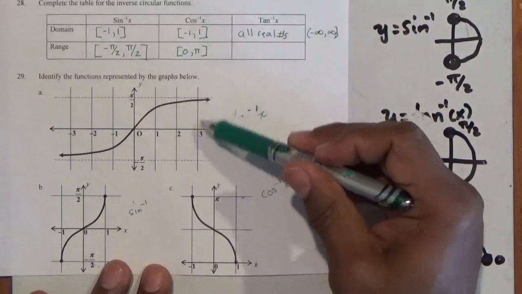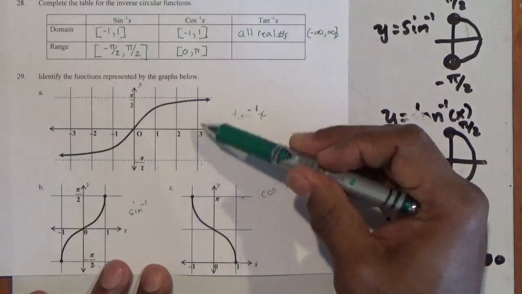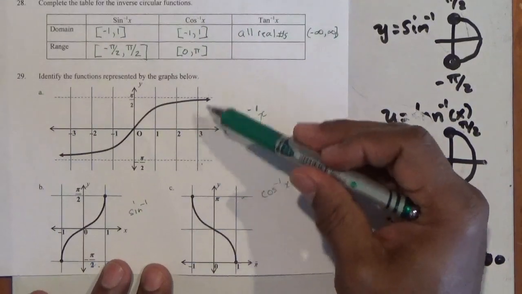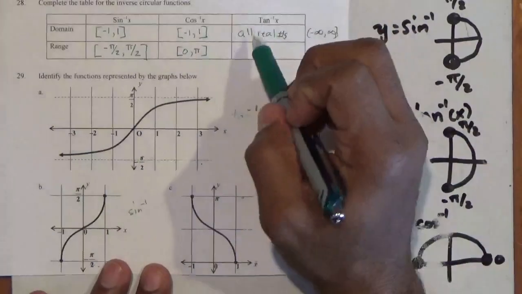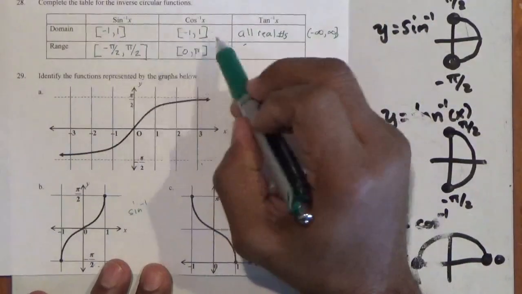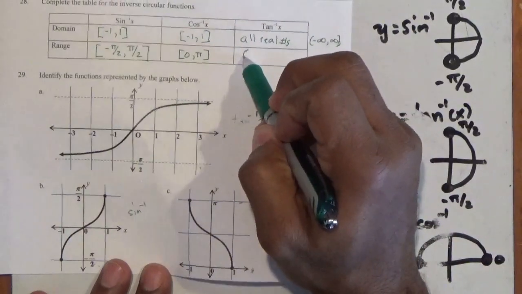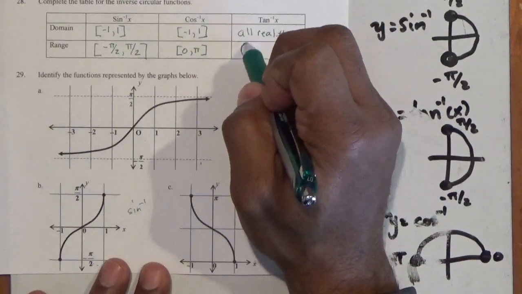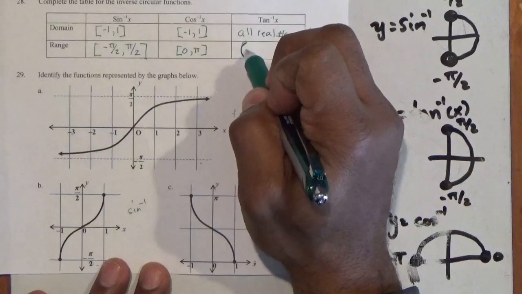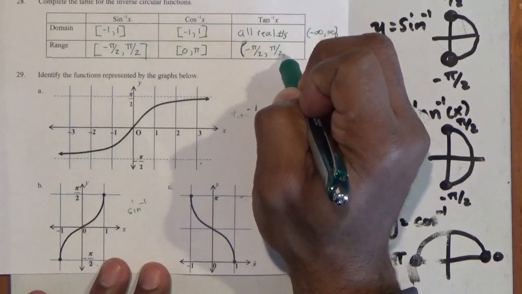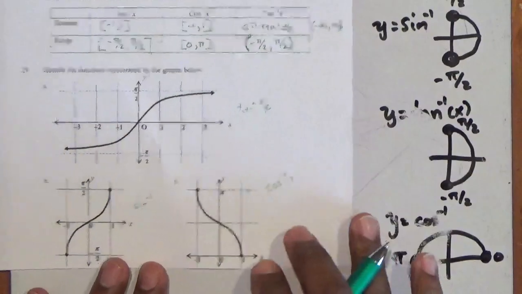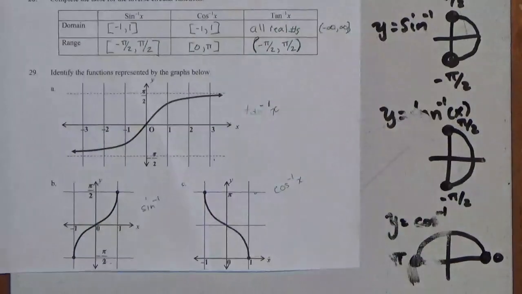Now it stays between negative pi over 2 and pi over 2, but it never hits them because of the horizontal asymptotes. So instead of a hard bracket like these, we give it the not-included parenthesis. We'll say negative pi over 2 to pi over 2. And that's your answer for number 28.